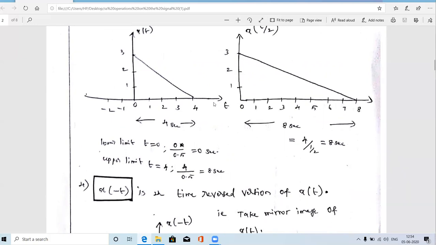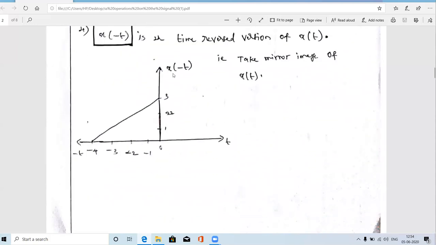The signal in the positive x-axis is swapped to the negative x-axis, and the negative x-axis value is swapped to the positive x-axis. So the triangular waveform comes here, and this 0 value comes to the positive side. That's why for x of minus t the signal comes in the negative values, and for positive values the signal has no amplitude.